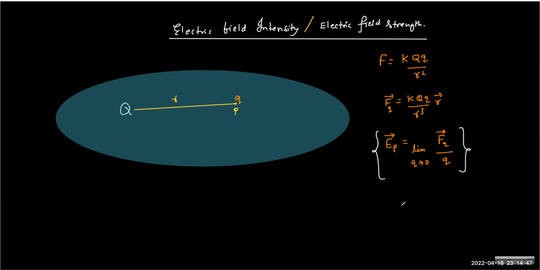So the electric field at a point P is limit q tends to zero, F by q, and if you substitute the value, only q will get cancelled out. So you end up getting kQ by r square into r unit vector, or you can write it as E r. In scalar form, the value will be kQ by r square.